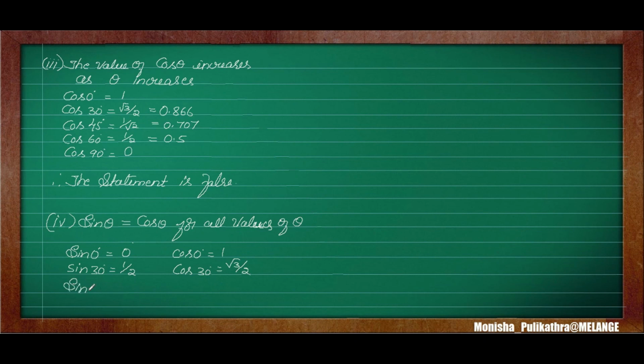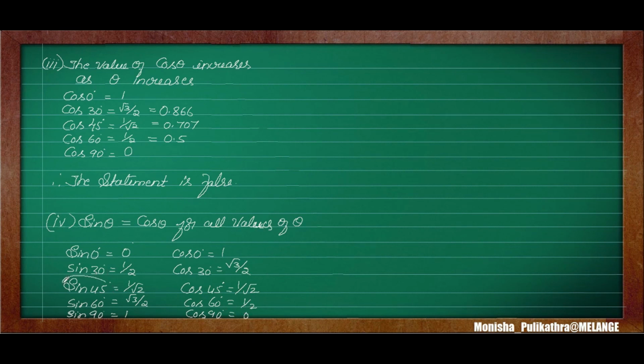Sin 45 degree is 1 by root 2, whereas cos 45 degree is also 1 by root 2. Sin 60 degree is root 3 by 2, and cos 60 degree is 1 by 2. Last, sin 90 degree is 1 and cos 90 degree is 0.